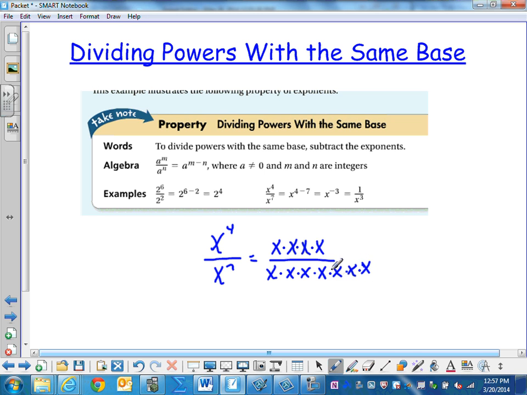Okay, so when we divide them, x over x, x over x, x over x, x over x, that leaves me 3 on the bottom. So it's 1 over x to the 3rd. So when we're dividing, we subtract. We take the biggest number minus the smallest number, and the exponent goes wherever the biggest number was.